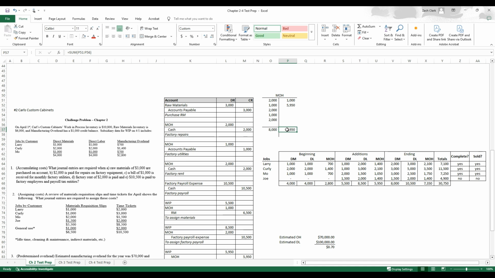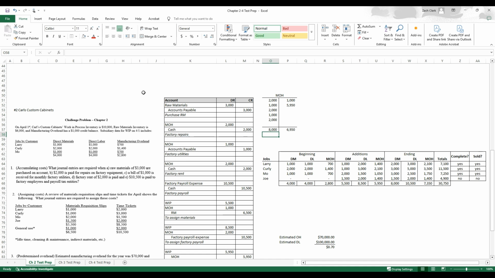We only applied 5,950. We had $1,000 as a credit balance carryover from the prior month. We only applied the 5,950 during the month, but in total, if we're at the end of the year and closing our overhead account out, you can see that we did not assign enough costs because our actual costs were higher.